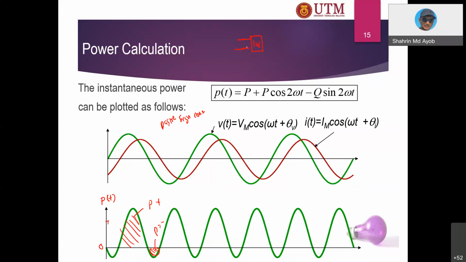But there are also times when the load is generating power back to the circuit. You can see here, this one is positive, and at some point this one is negative. Meaning that when your power is negative, you supply power to the circuit. That is the complexity of AC circuits, because sometimes it is supplying and sometimes it is absorbing.